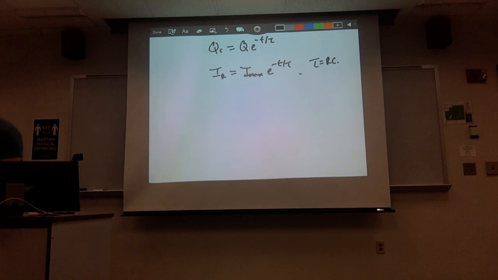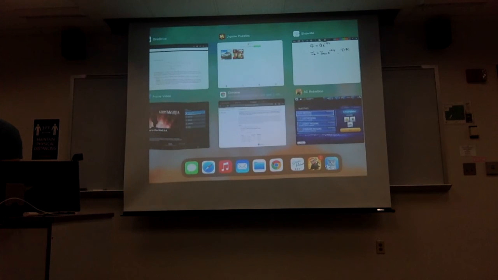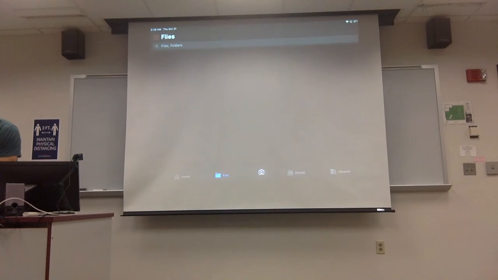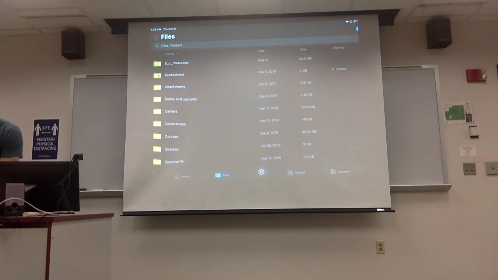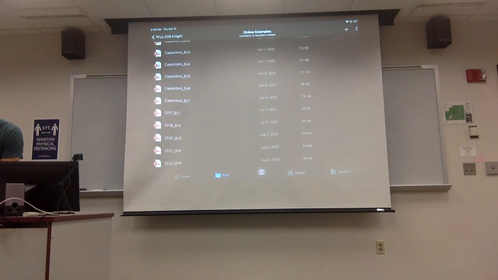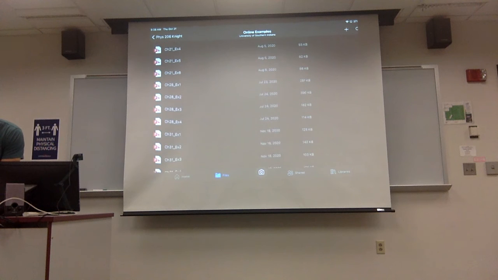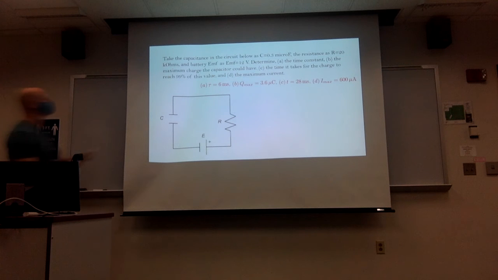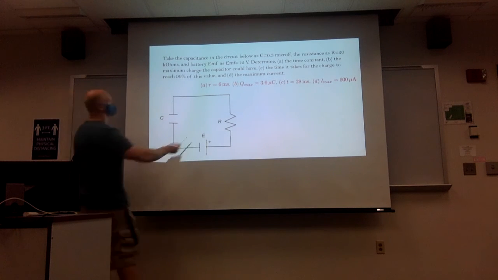All right, so let's do a couple examples of this, and let's see how all this actually works. So it says take the capacitance in the circuit below here as 0.3 microfarads and the resistance as 20 kilo ohms.